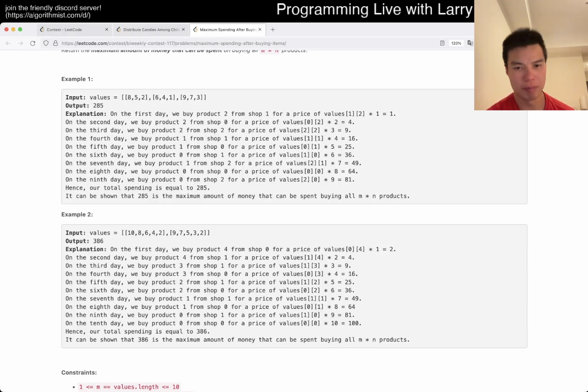Every day that you don't buy, basically the total increases, right? So is it greedy?